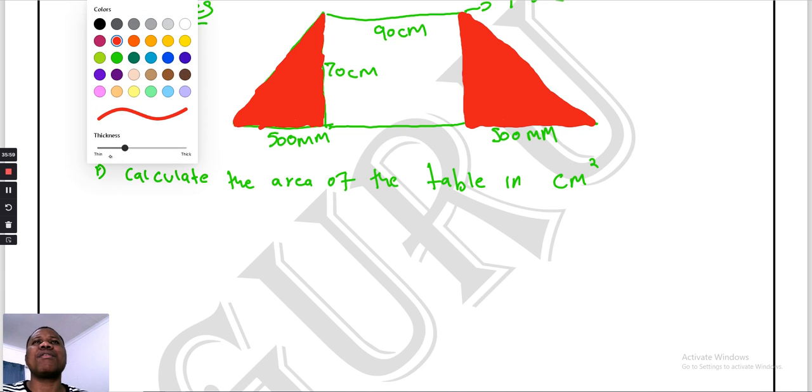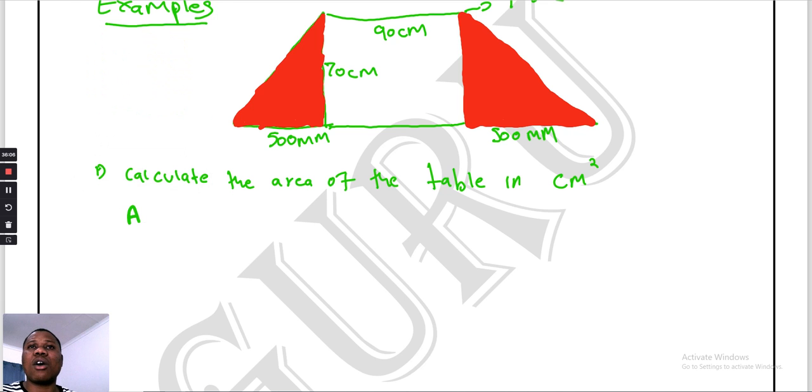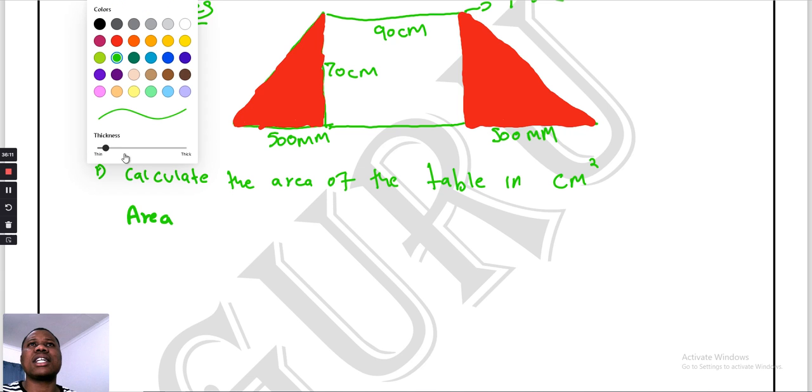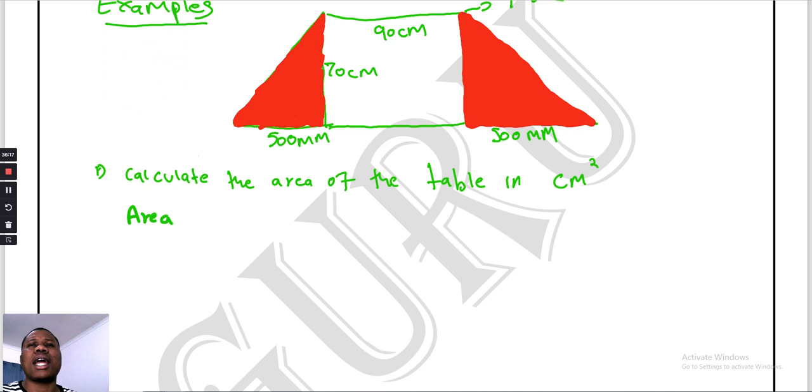Now if I take you back to what we just did on how to calculate the area of a triangle, let's start with it. Let me reduce the size of my pen. If we need the area of a triangle right now, we must start with the triangle.